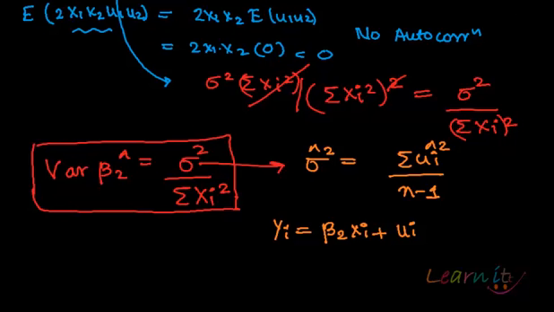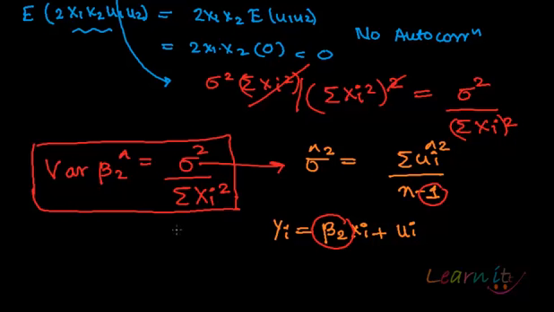So how many parameters do we have to estimate? Only one parameter, and that is why we have lost just 1 degree of freedom. In case of your actual simple regression model, when you have yi equals beta 1 plus beta 2 xi plus ui, you have two parameters to estimate, beta 1 and beta 2. So you had n minus 2. Now you have just n minus 1.